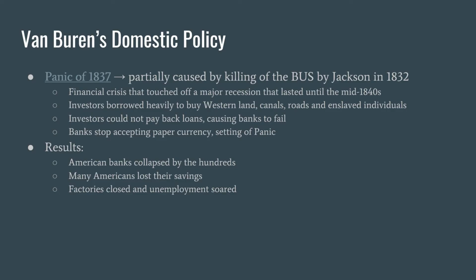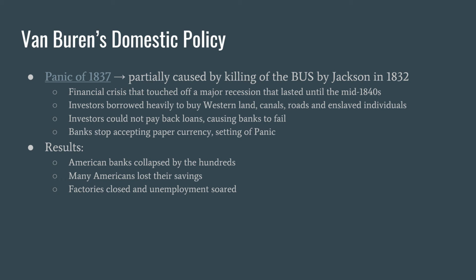So Martin Van Buren is a one-term president, mostly because of the Panic of 1837. Shortly after he takes office, we start to see a financial crisis start that sets off a major recession in the United States that lasts until about the mid-1840s.